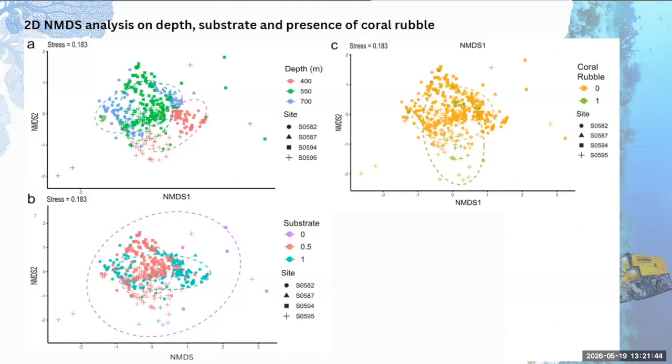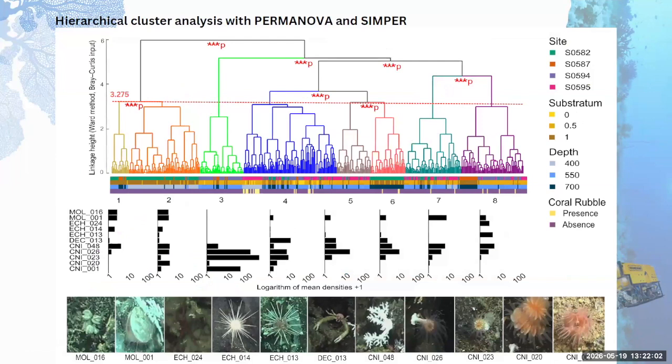So I had to go for another analysis, and here I had two options: either distance-based redundancy analysis or hierarchical clustering. Instead of distance-based redundancy analysis, I went for hierarchical clustering, because the parameters I have were mostly non-continuous. When you have mostly non-continuous parameters, it is ideal to use hierarchical clustering analysis.